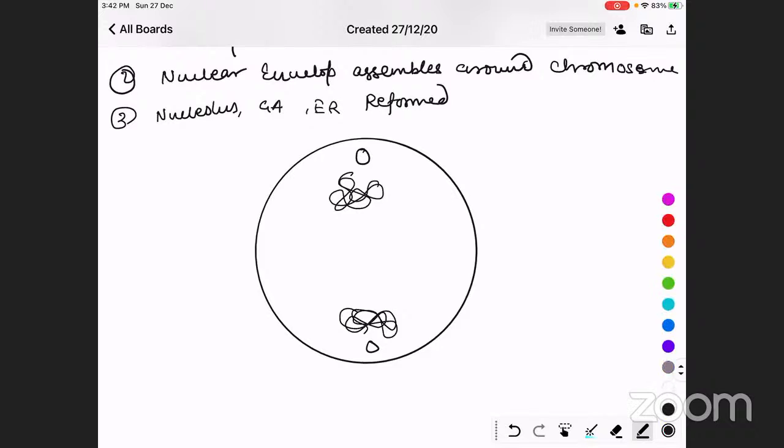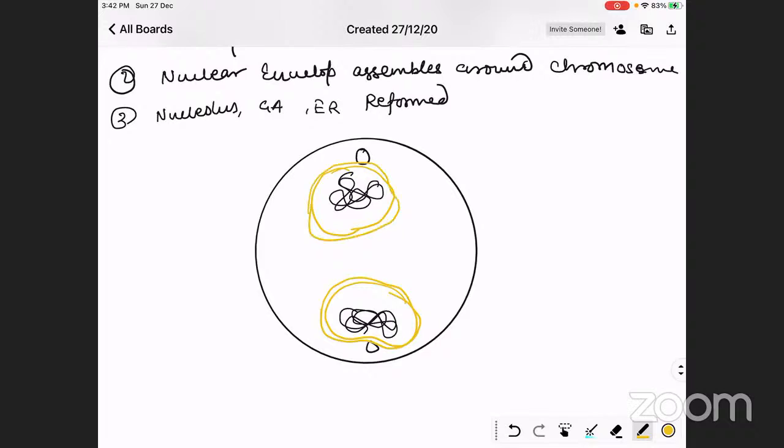And again, there will be the reformation of the nuclear envelope, the double membrane nuclear envelope, and ER, Golgi apparatus, and the nucleus also forms. This is the telophase. So basically, we divided the nucleus. Here the nuclear division is completed.